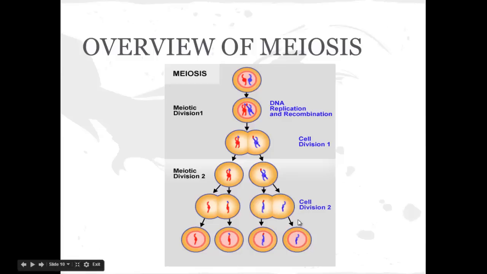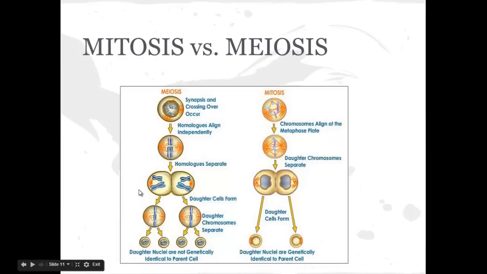And the same thing happens on the blue side. So whereas we started out with a cell with 2 chromosomes, we end up with 4 cells with 1 chromosome each. And that happens after the second meiotic division. And on this slide, you can kind of pause your screen and look at some of the differences between mitosis and meiosis.